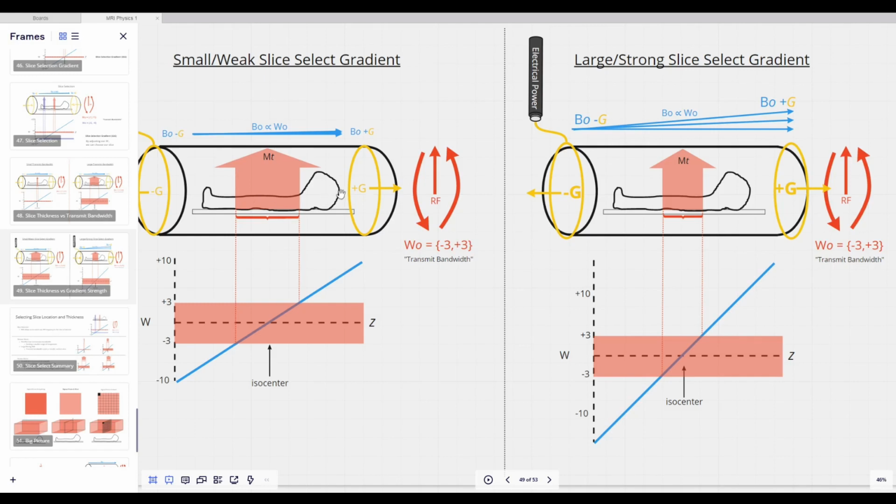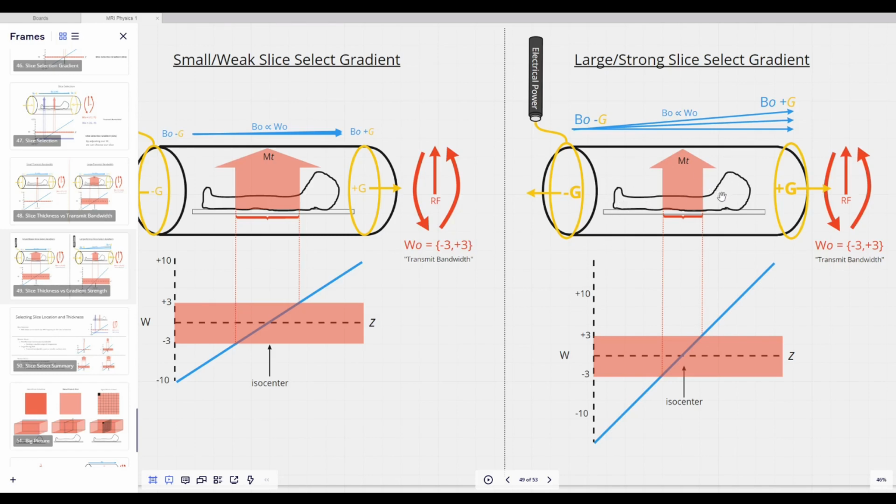It's -10 here and it's +10 here. Their frequency might be -10 here, +10 here, 0 in the middle. If we really ramp up our gradient, we could make it -100 down here and +100 up here if we wanted to. The length of the patient obviously is not changing, but our gradient is becoming much, much, much stronger.